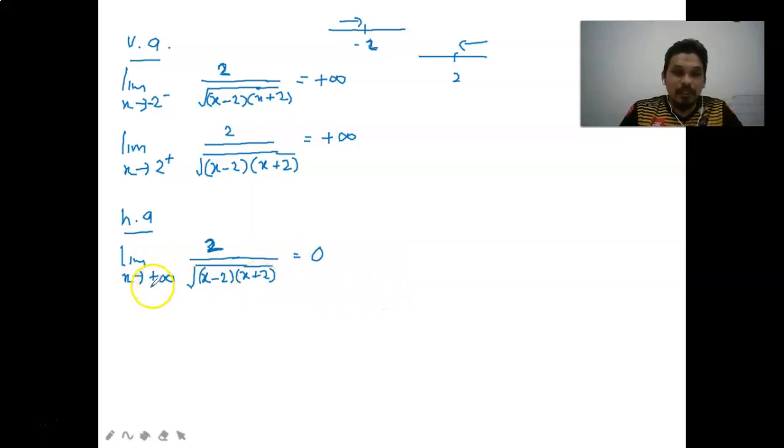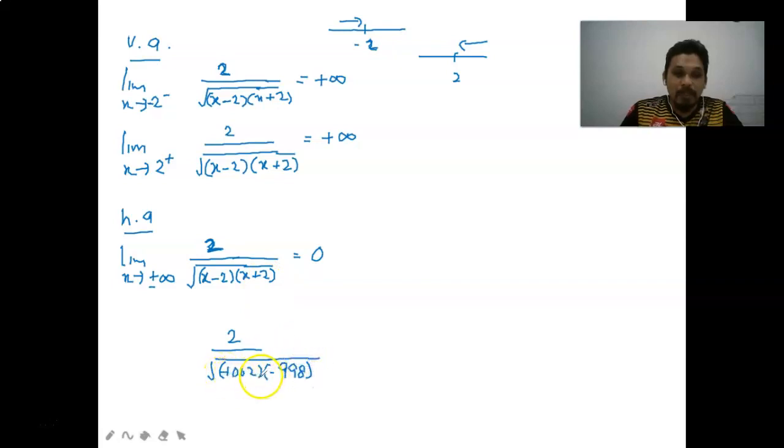And also, if I come up with negative infinity, where x equals negative 1000, negative 1000 minus 2 equals negative 1002, and negative 1000 plus 2 equals negative 998.